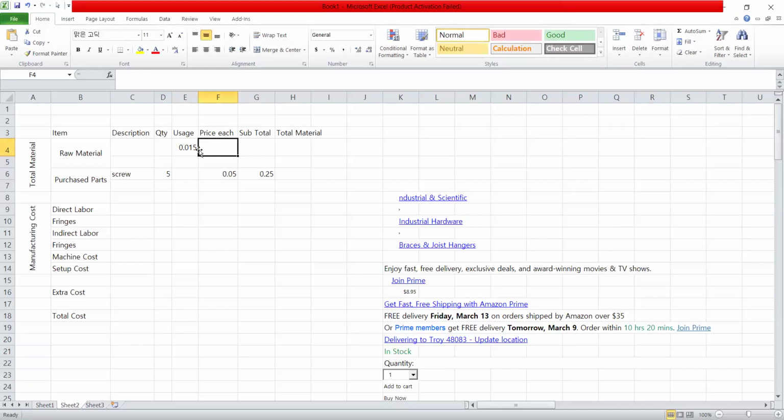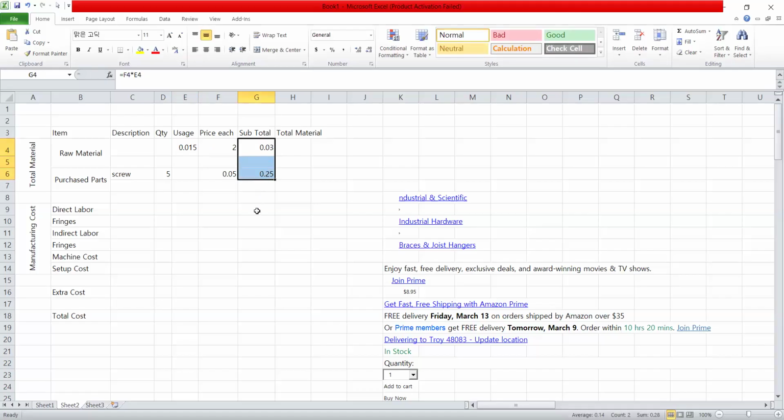If it is not given, we go on the internet and find it out, but it will be given to you. So let's say the price is $2 per kilogram. In this case, you multiply this 2 with the bracket weight, and you calculate the material cost of that bracket.